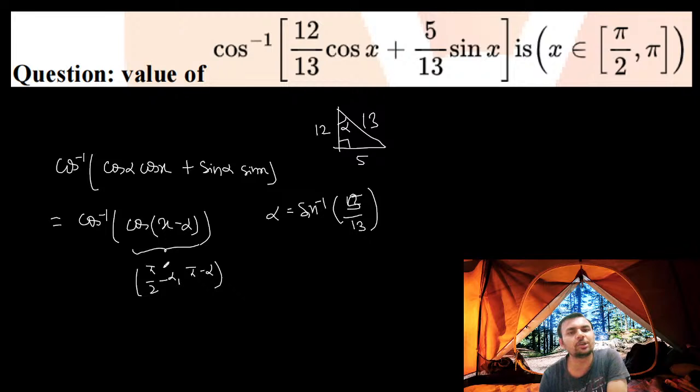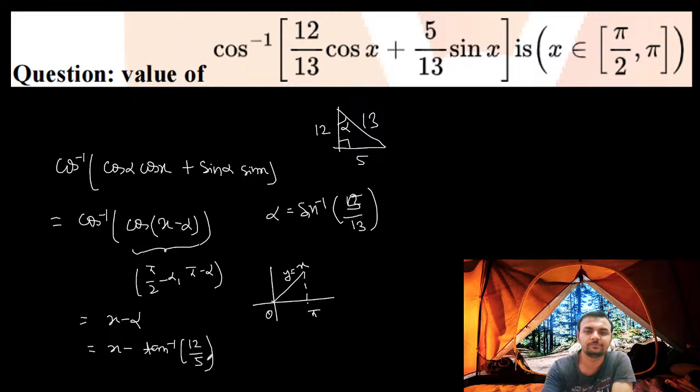So from 0 to pi, if you see the graph of cos inverse cos, it will come out to be y equal to x. So it is nothing but x minus alpha, which is x minus cos inverse, we will write in the form of tan inverse 12 by 5.